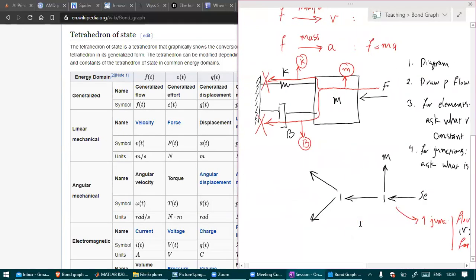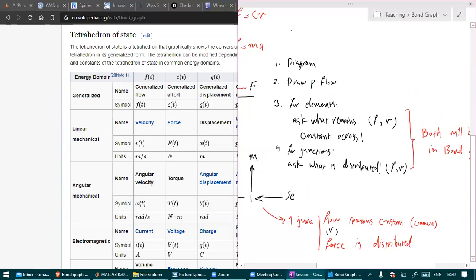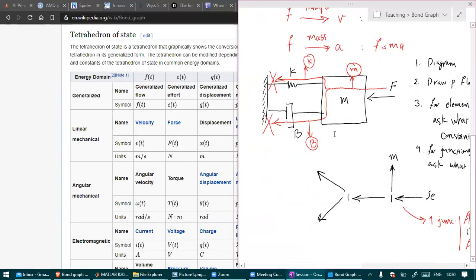So we set a 1 there. Now, again, we have an element. Part of the energy is flowing through the element, part is passing through.